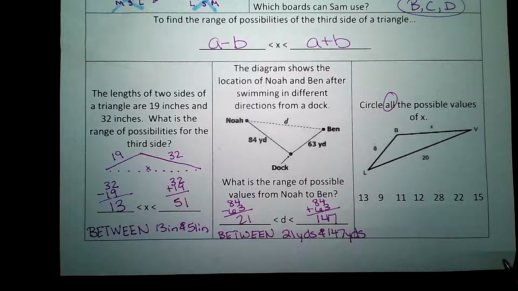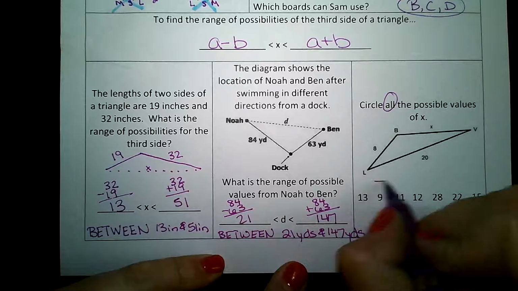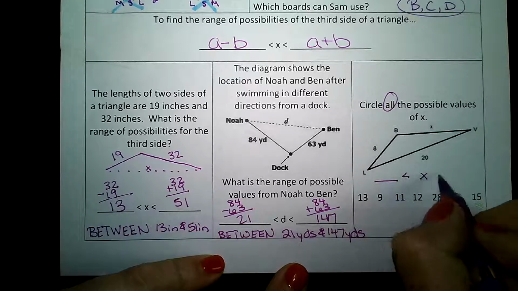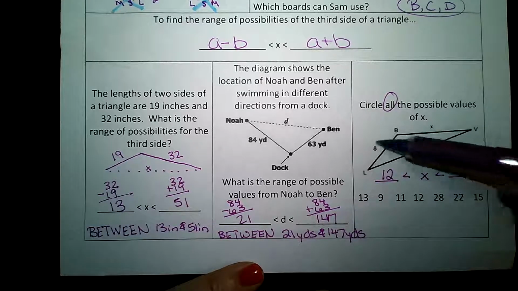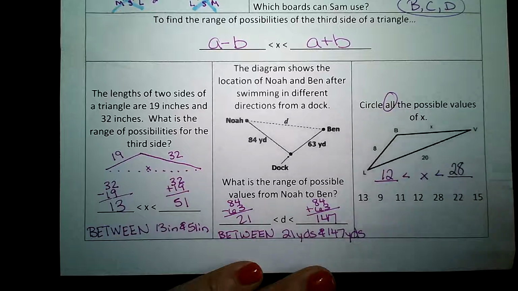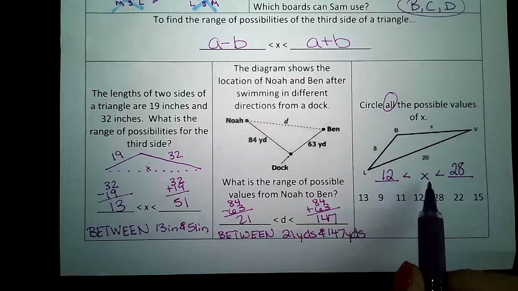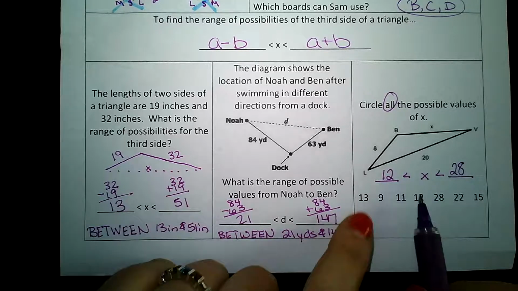So let's come up with our in-between statement. For the low end, we subtract. For the high end, we add. 20 minus 8 is 12. 20 plus 8 is 28. So our possible values of x are somewhere between 12 and 28.